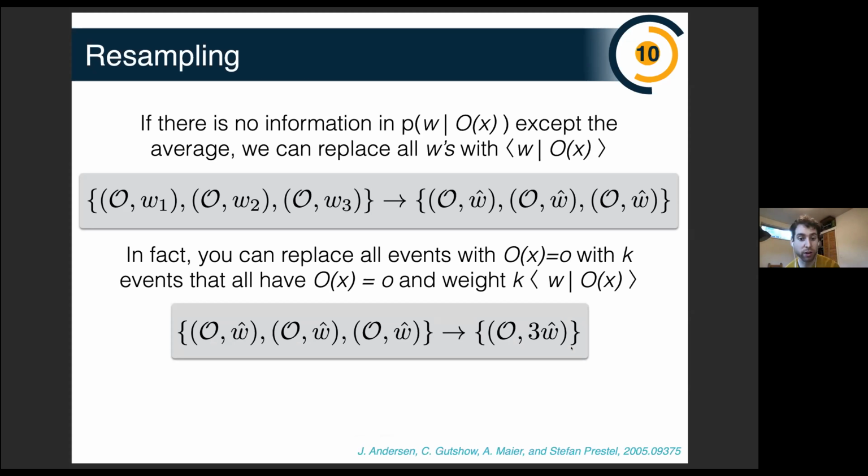So I'll simply replace these 3 events with one representative event, where the value of the observable is the same, and the weight of that event is the average weight times 3. And you can see that if you compute expectation values of this observable, you get the same answer whether you use the top left, the top right, or the bottom right. They all have the same weighted average.